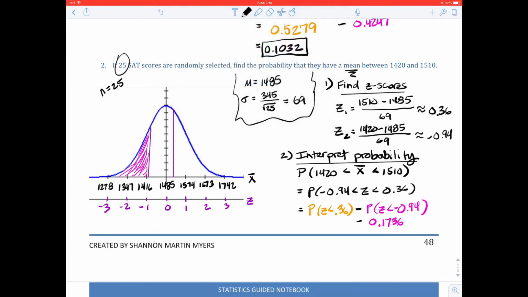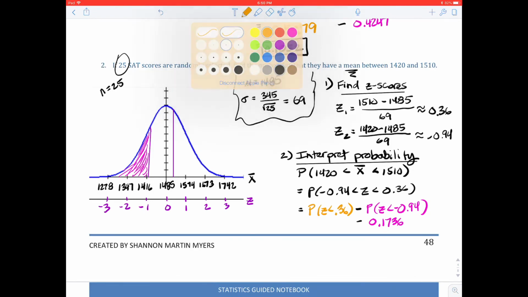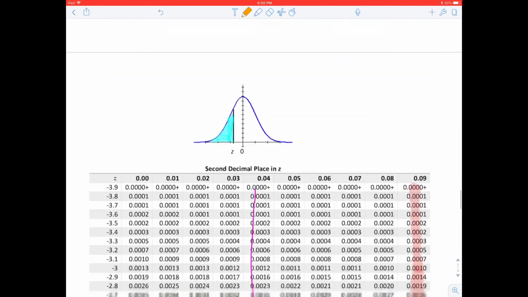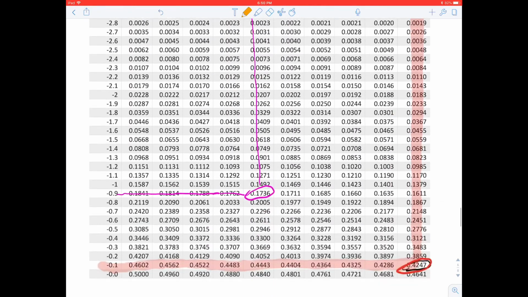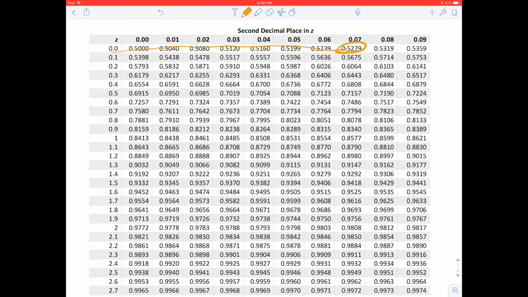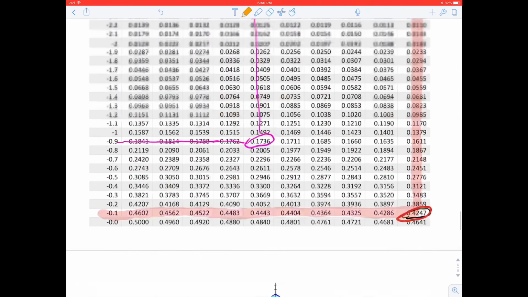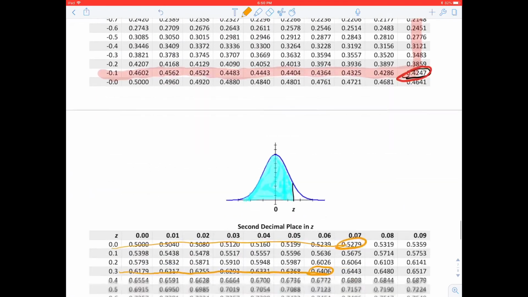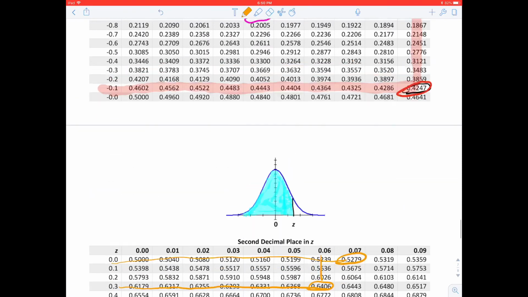And then we have that upper one, 0.36 is what we're looking for. So 0.3, 0, 1, 2, 3, 4, 5, 6. Cool, cool. So 0.6406 because it connected, remember, to the 0.06.